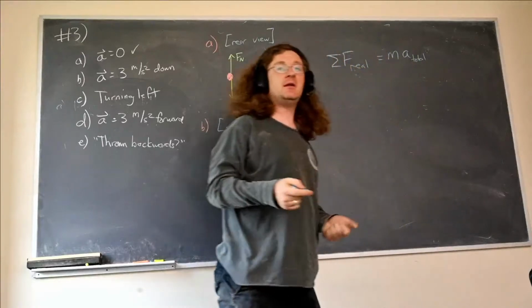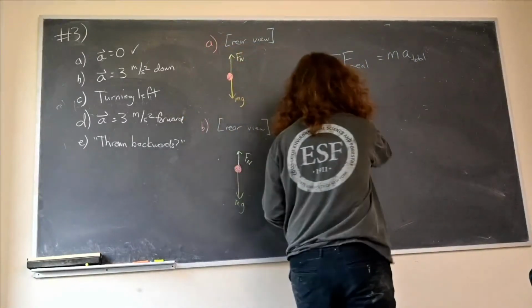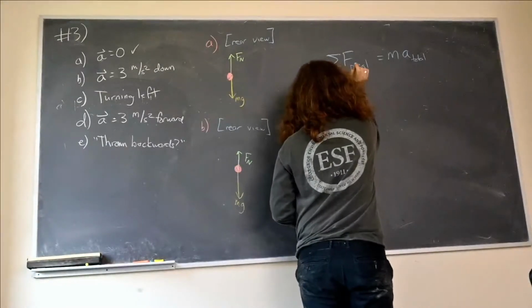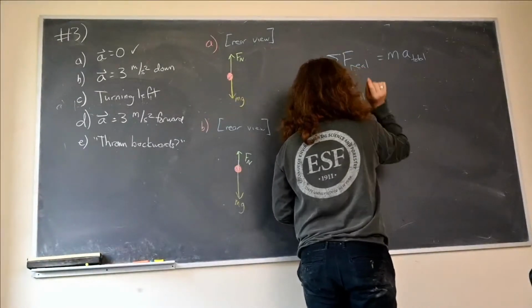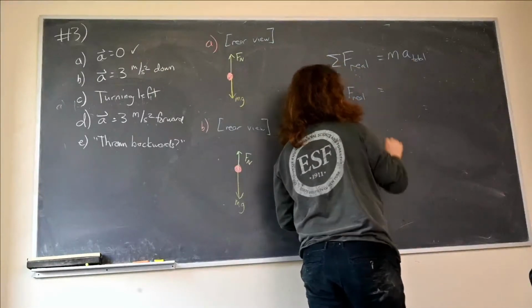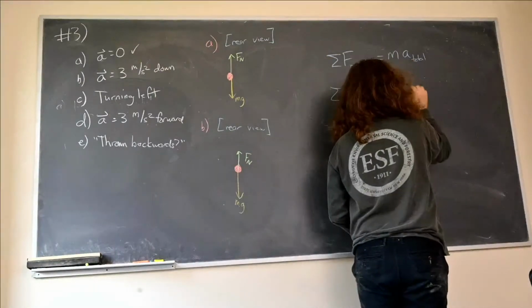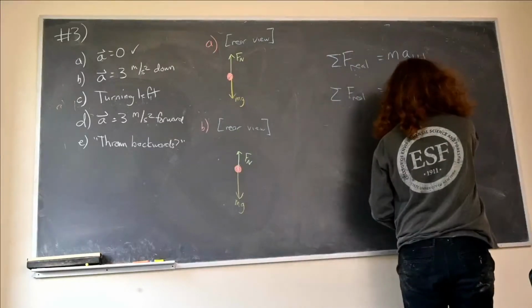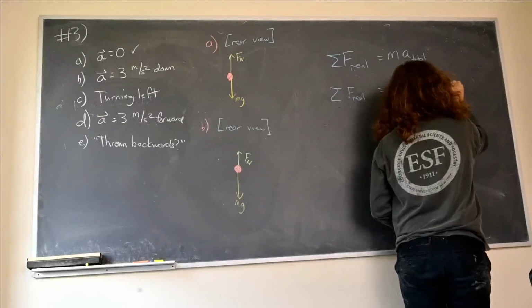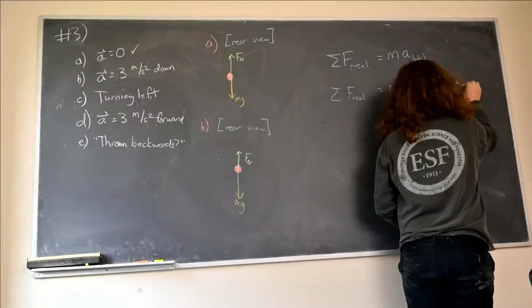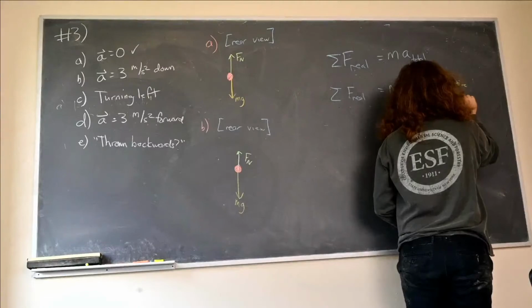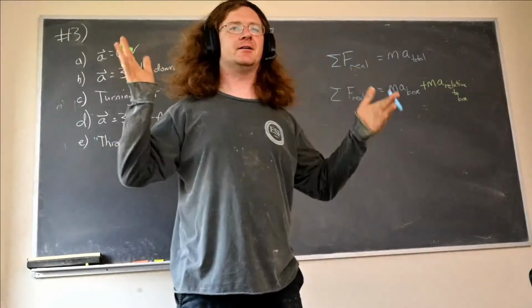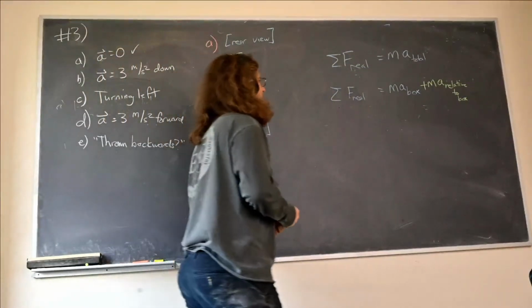But if I'm in an accelerating box, let me break the total acceleration up into two pieces, the acceleration of the box plus my acceleration relative to the box. This is an elevator, a car, a subway car, anything you like.